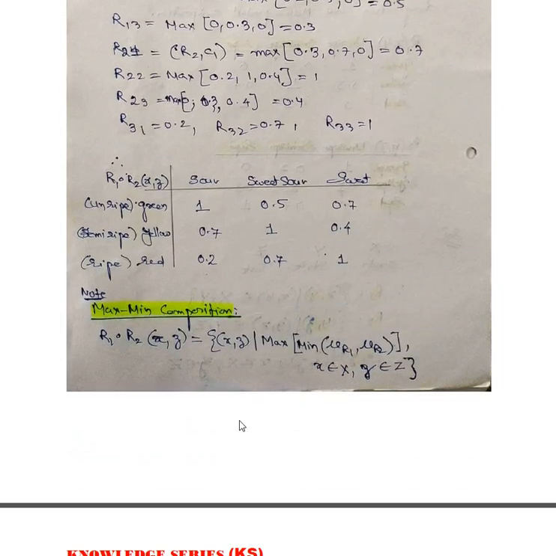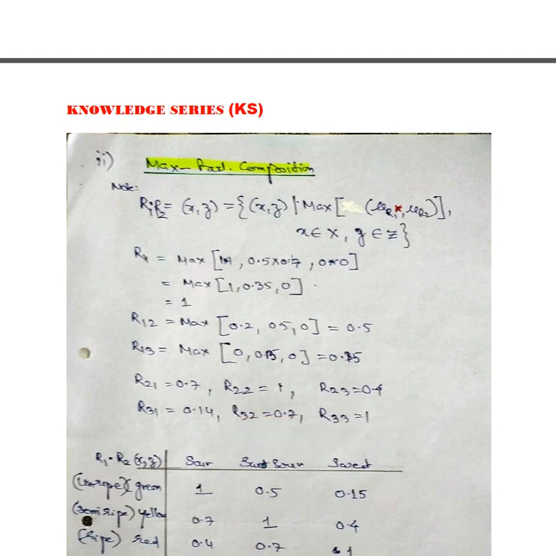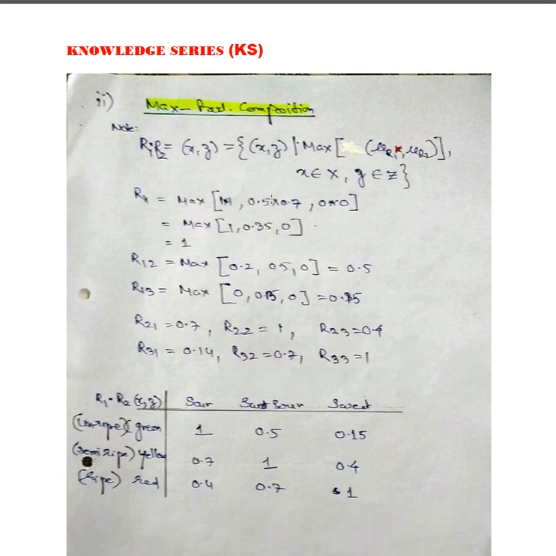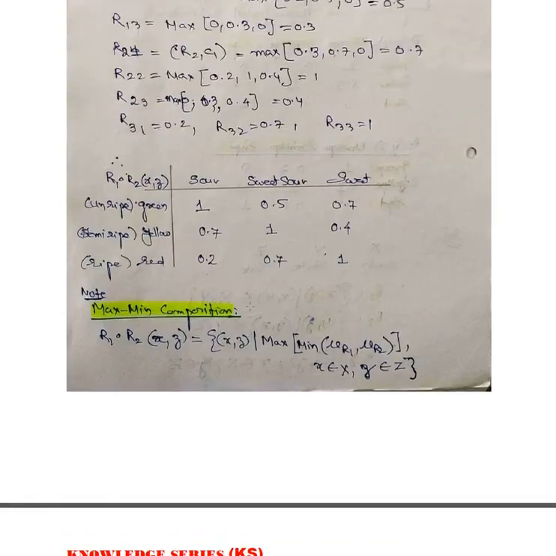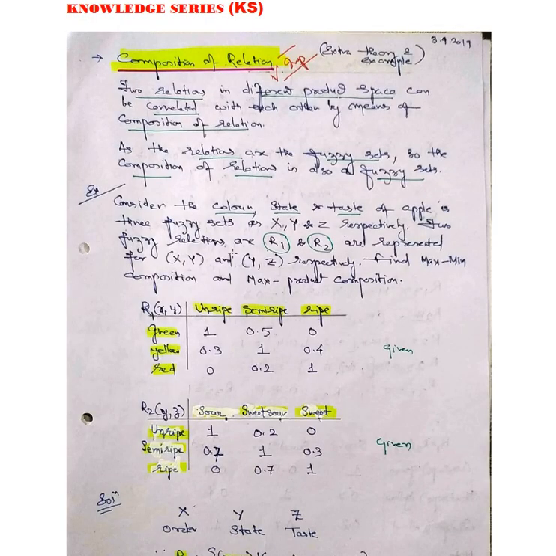Similarly, for the maximum product composition, you do the product of each element, and after that you do the maximum value. Similarly, you follow for the individual points and try to fill these sections. So that's how this example, even if it appears like a lengthy statement, is easy to solve.